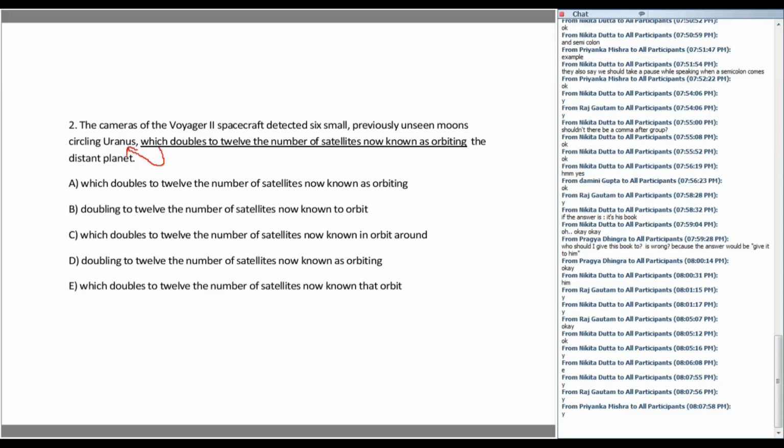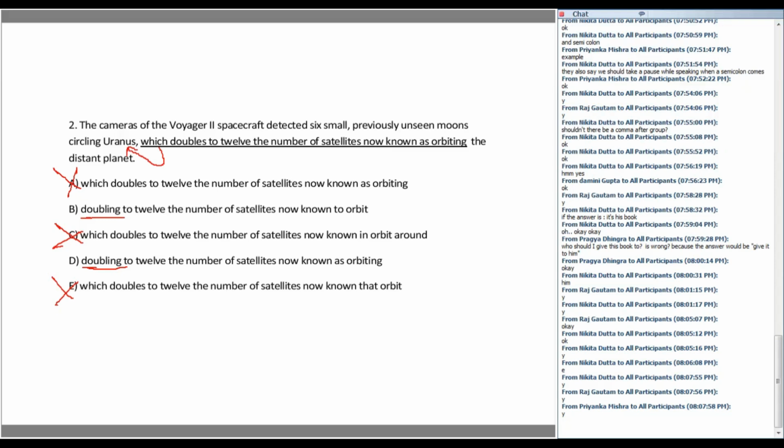Now, Uranus does not double to 12 the number of satellites. It is the cameras and the pictures taken by the cameras. So again, it went wrong. Yes or no? So we will have to say that A is wrong, C is wrong, E is wrong, because all of them use which.